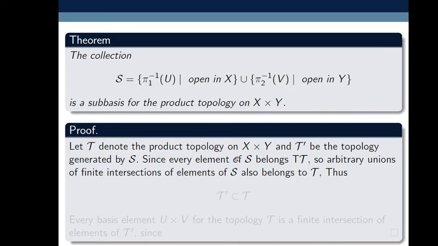So here tau is the product topology on X times Y and tau dash is the topology generated by script S. Since every element of script S belongs to tau. Why does every element of script S belong to tau?